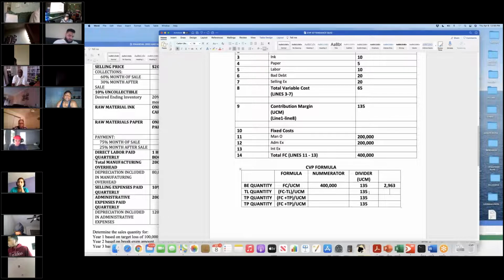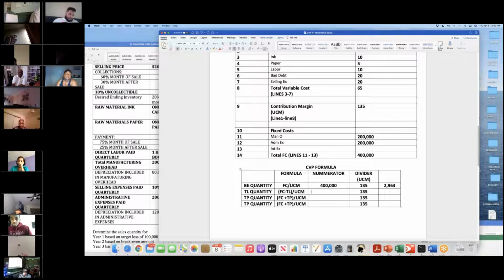And on the target loss, what's going to be in here? 400,000 minus what? What's the target loss in the problem? 100,000, right?